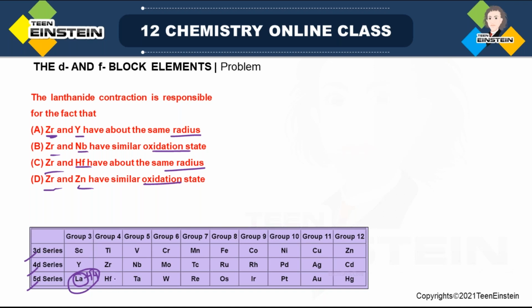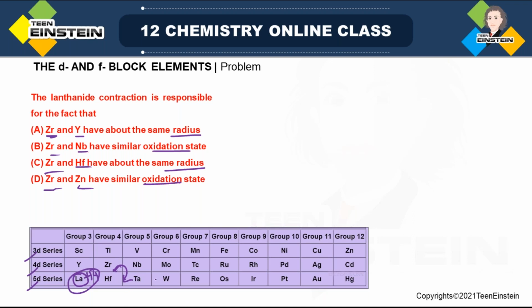Now this is the position of Zr. What we have seen is that because of this lanthanoid contraction, there will be effect for the post lanthanoid elements. What will happen when you are moving from 4d series to 5d series? We normally expect there should be increase in size because of extra added valence shell.